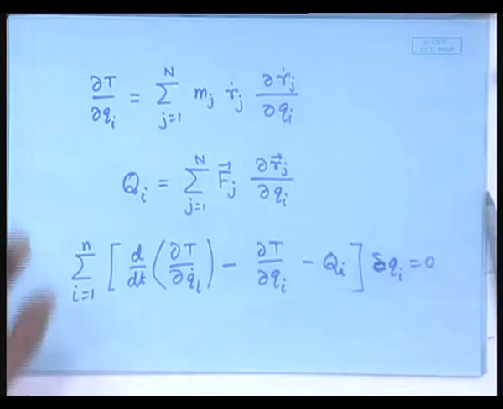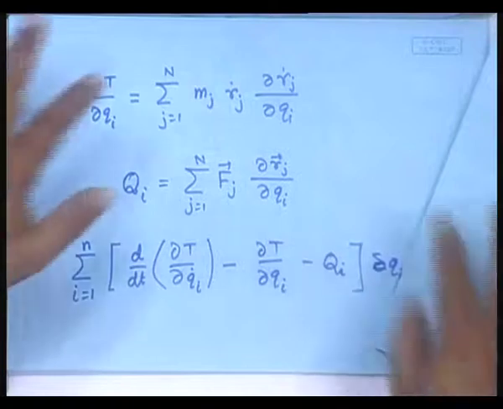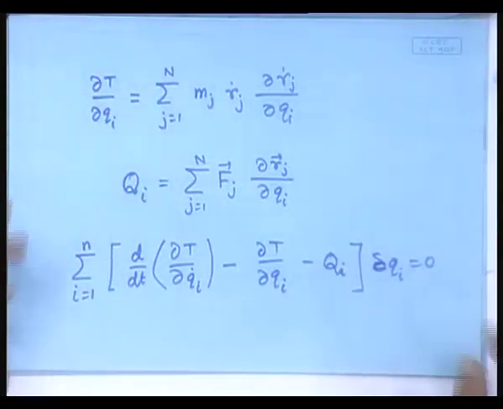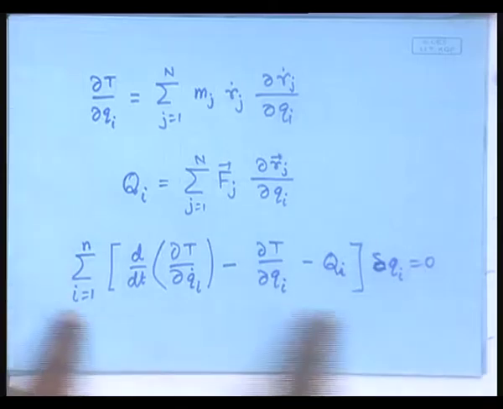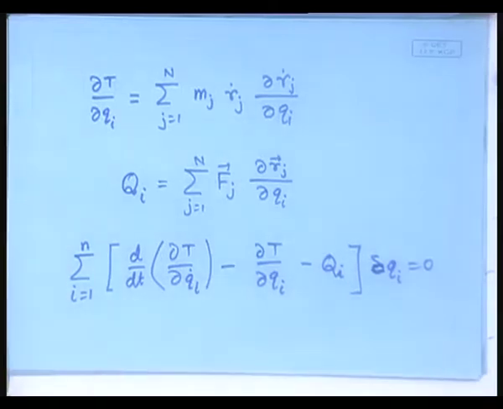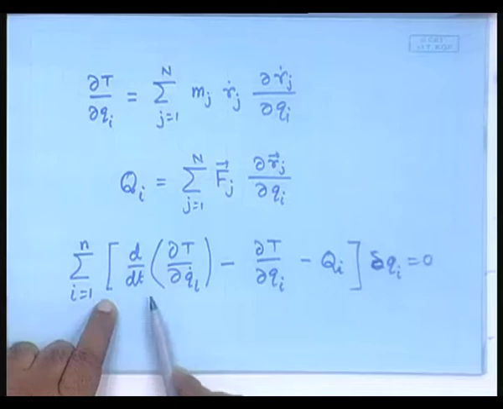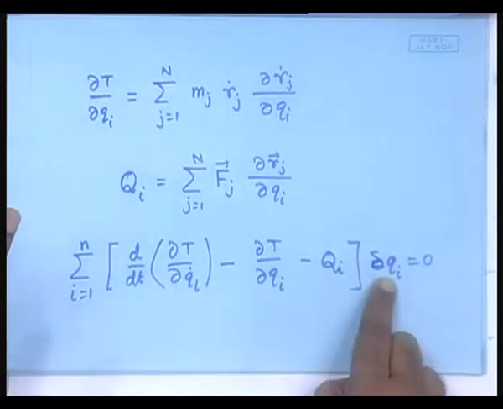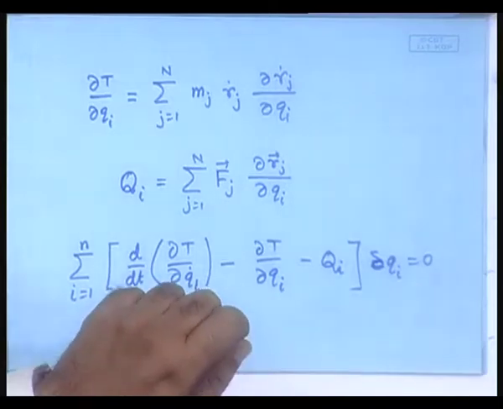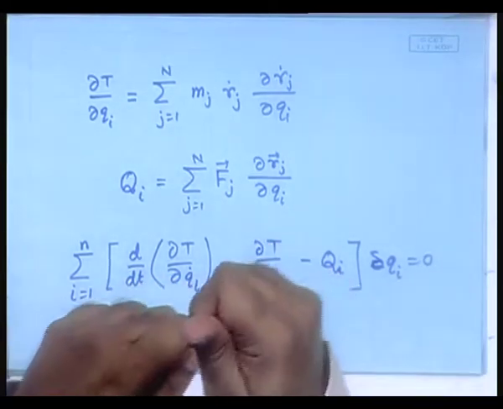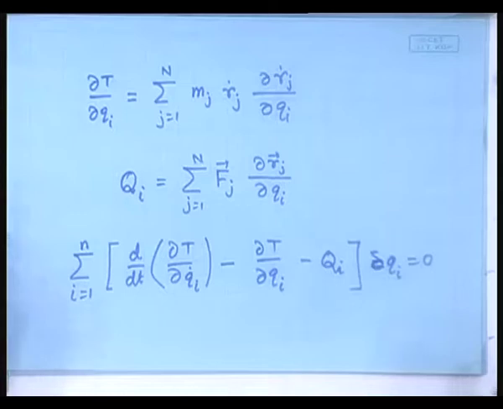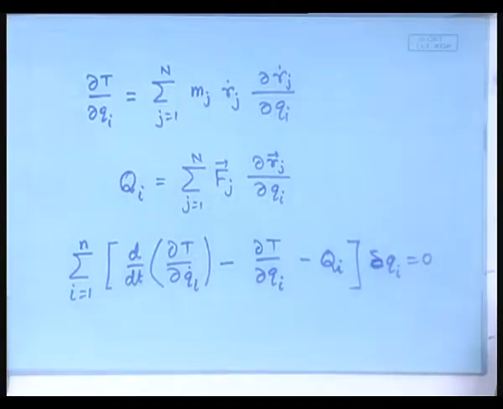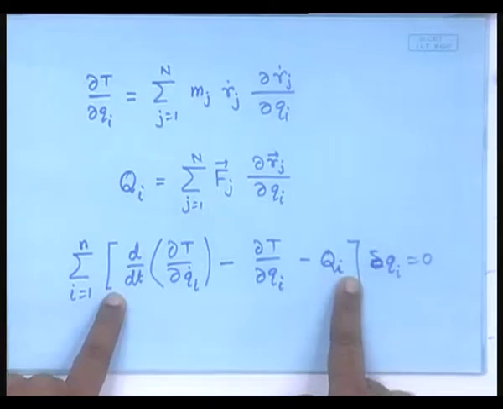So, true that we went through a lot of partial derivatives and messy stuff, but ultimately the objective was to simplify stuff, and here is the simple thing. And you notice that here is something that is multiplied by the admissible motion, and the admissible motion along the first coordinate and the admissible motion along the second coordinate are all independent quantities, and this term summed over I would be 0 only if this term is 0 always.